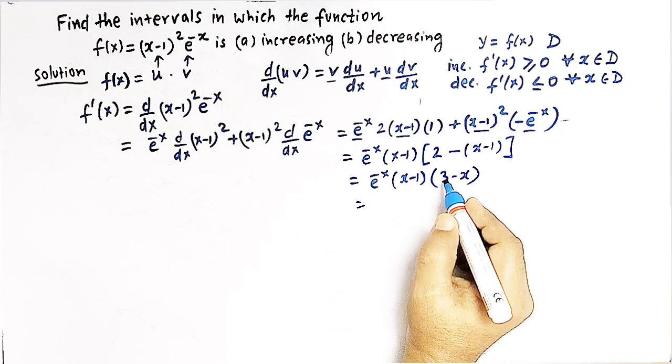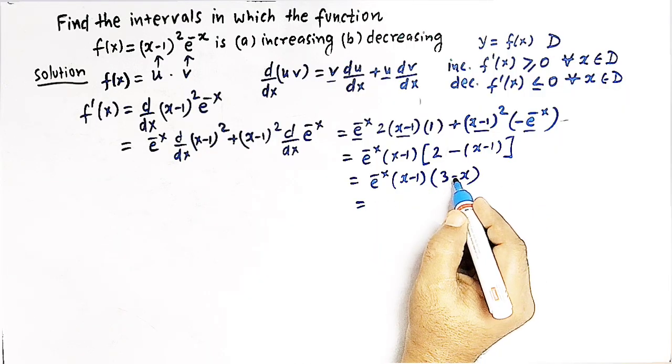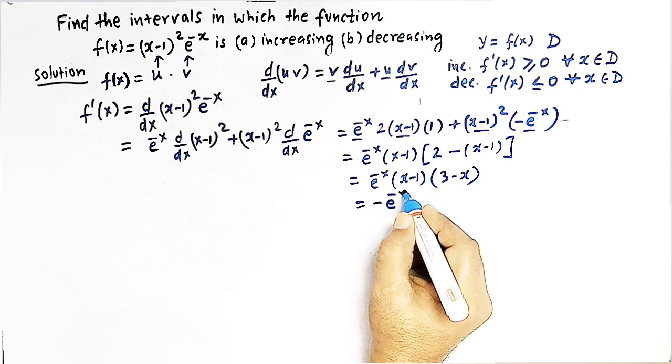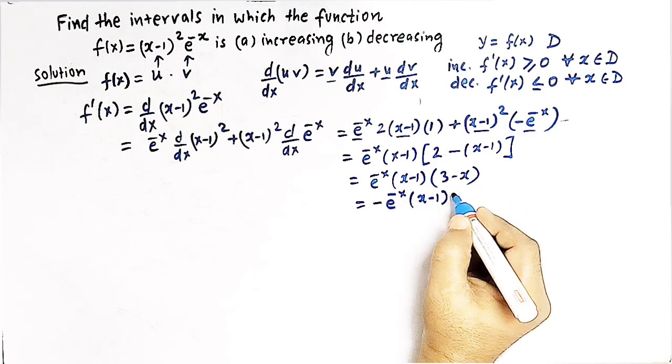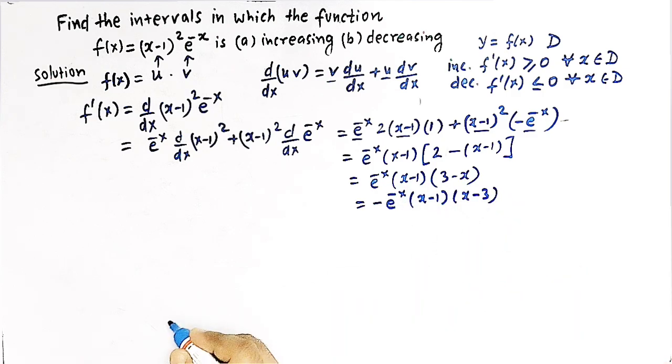So now if we write this expression taking negative 1 common, then we can also write it as negative of e raised to minus x, and here we have x minus 1, and here we have x minus 3, right?